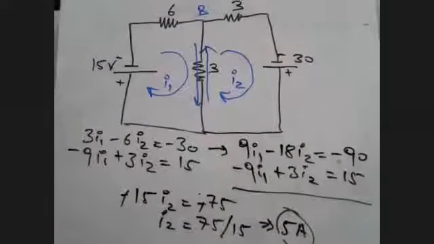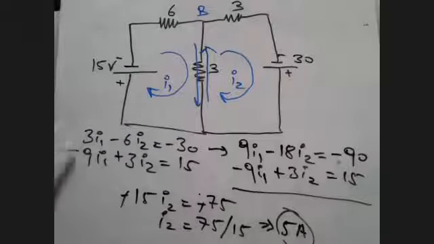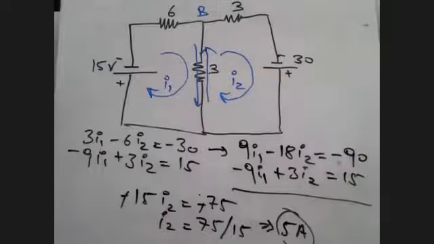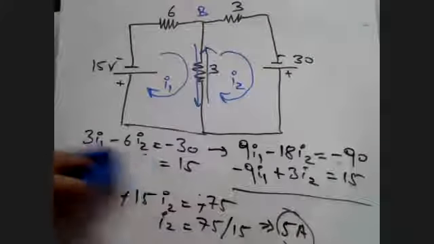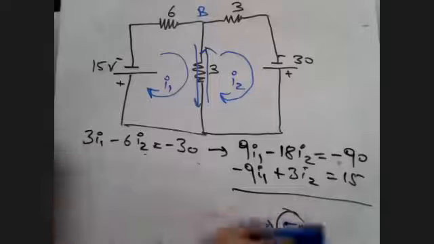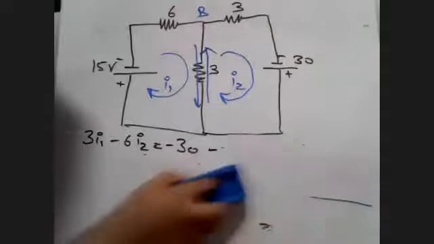Okay. So if you got the value of I2, can I substitute it in any of the first two equations and get I1? Yes. So substitute it in the first equation. What will you get? Substitute I2 as 5 amperes. It's coming 0. Yes, 0. So that's your answer.